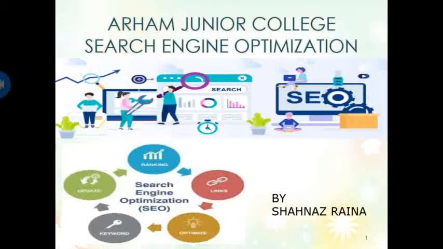The next word is engine. Now what is a search engine? A search engine is a program that searches for items in a database that correspond to keywords entered by the user, especially used for finding particular elements on the World Wide Web.